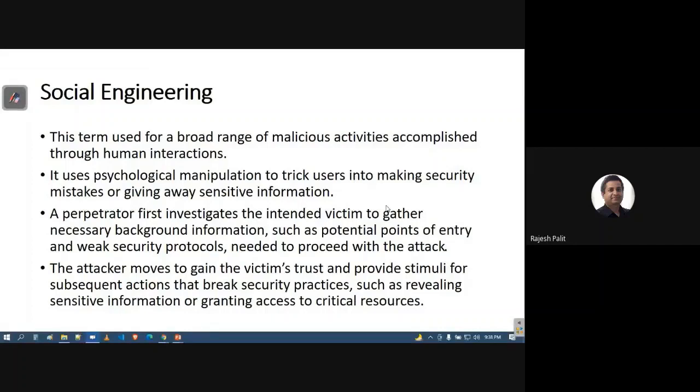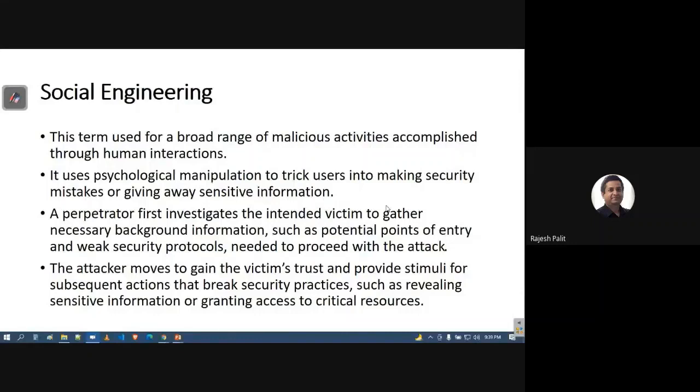A perpetrator first investigates the intended victims to gather necessary background information. For example, the attacker may aim to attack some NSU teachers. They will browse through the profiles of different departments' teachers and select a number of targets.